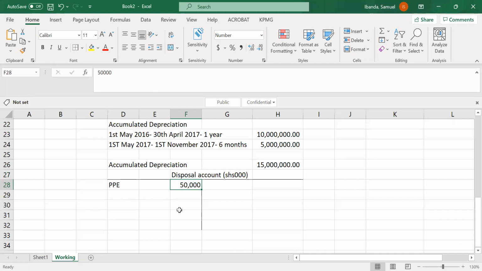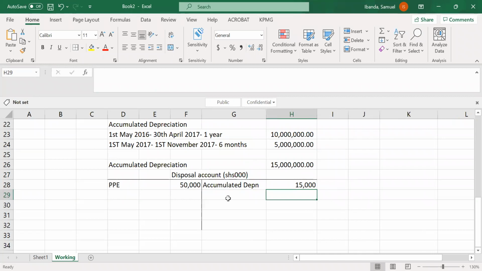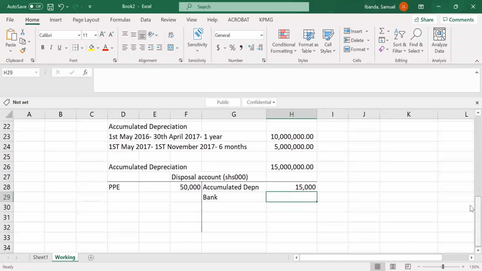So 50 million is what we are disposing of. When it comes to the accumulated depreciation, it's on this side. Accumulated depreciation is 15 million. And when we get proceeds, we debit our bank because money is coming in, and then we credit here. So proceeds, bank, is written here as what we have gotten, 36 million.